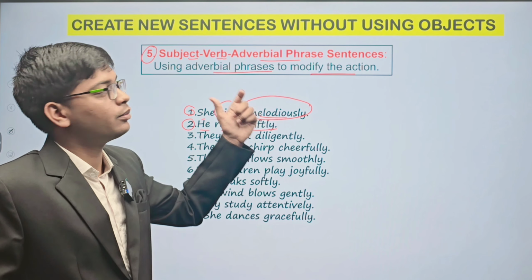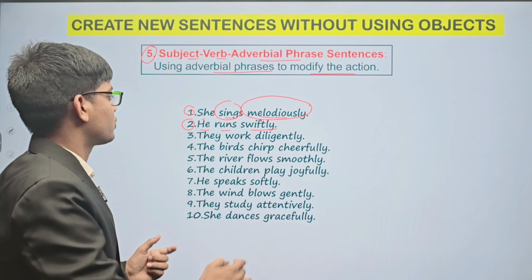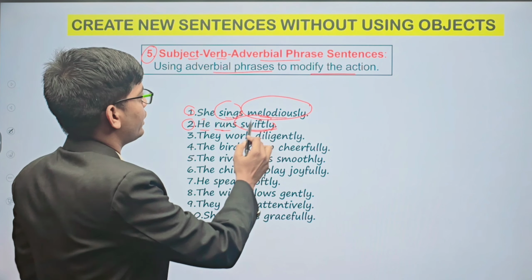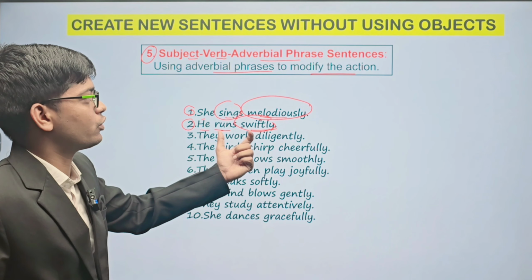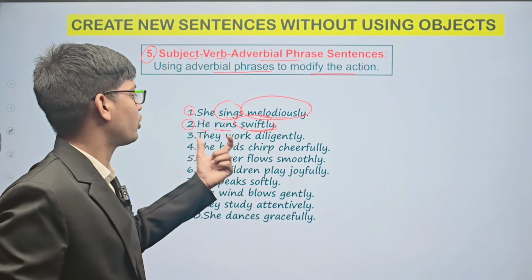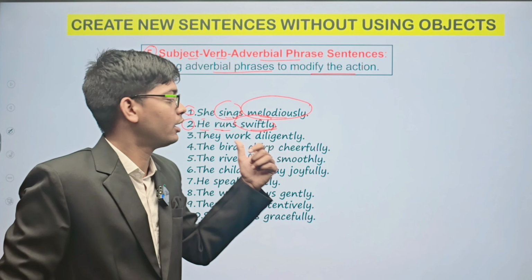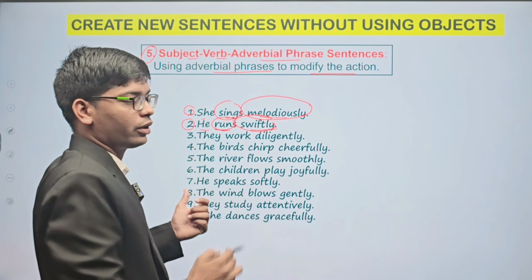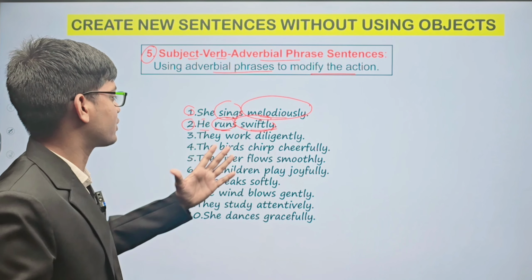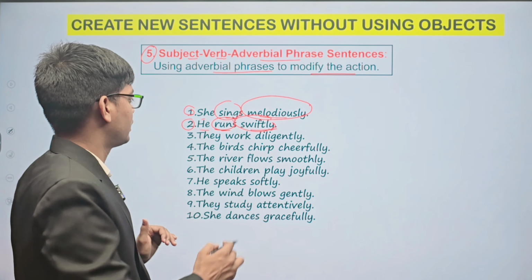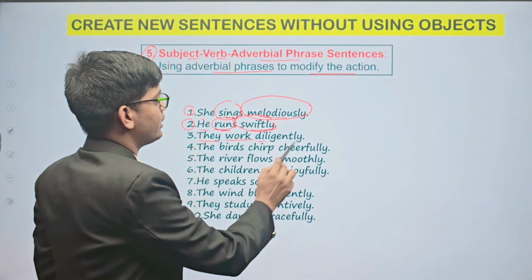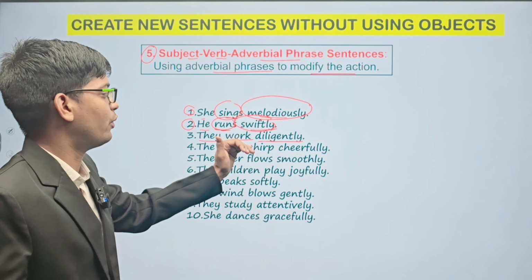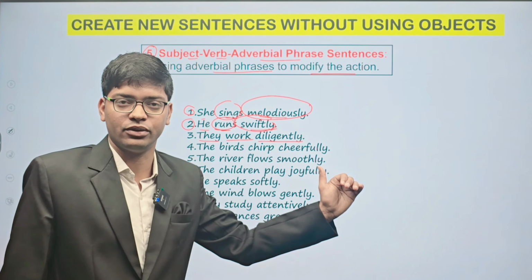Runs swiftly: swiftly is an adverbial phrase, because it modifies the verb run. The action is run. They work diligently. The action is work, and diligently is the adverbial phrase here.